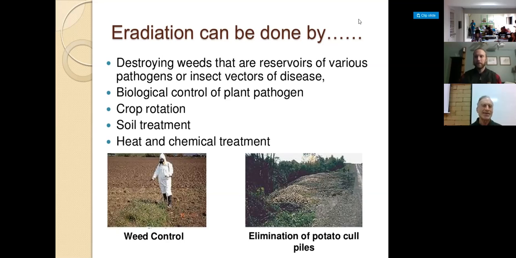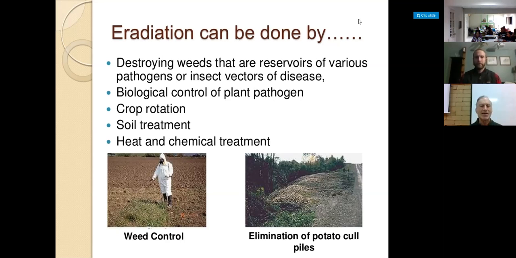Sometimes the pathogens won't live for all that long if they don't have a crop to live off of. And so by rotating out of a susceptible crop for a couple of years, you might be able to bring the crop back that is susceptible, and by that time the pathogen is not there anymore, or at least greatly reduced, so it's going to be less of a problem.